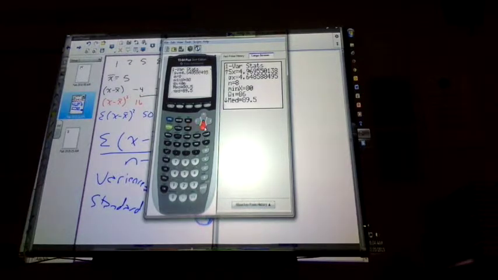I'm going to go find Q3 and Q1. Q3 is 92.5. Q1 is 86. I'm going to subtract them from each other. 92.5 minus 86. My IQR is 6.5. The interquartile range is quartile 1 and quartile 3. And today that'll make more sense when we go over it.